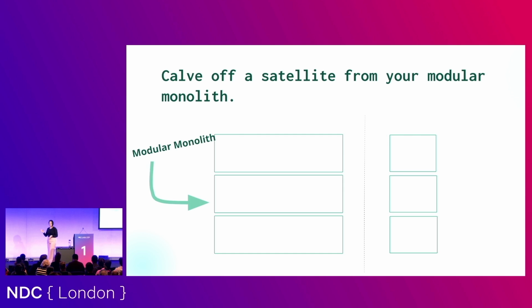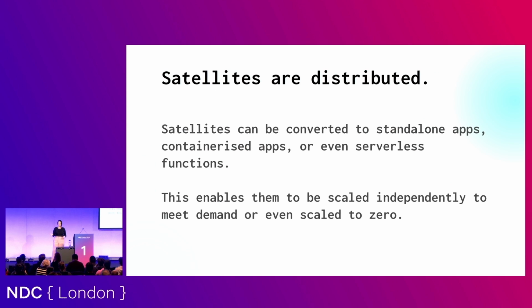So we carve off that satellite, and now we've got our modular monolith. You can have a regular monolith, and now we've got the satellite application. And that could be anything. They can be standalone apps, they can be containerized, they could be a serverless function. And once you've got those, you can start to control them independently.